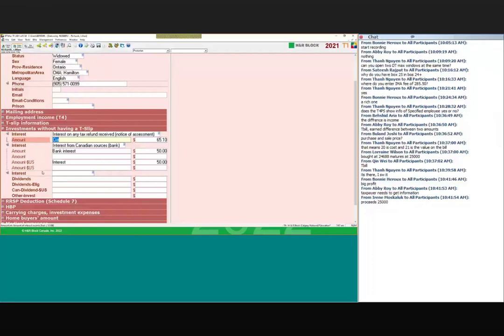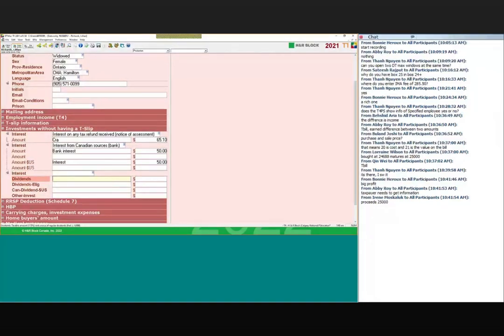What if you got dividends? So if you got dividends, Canadian dividends not supported by a slip, you would put it in here. And if you notice the little message on the bottom, it says here, enter the taxable amount of the dividend. So if it's non-eligible dividends, it's going to be grossed up by 115, but if it's regular dividends, it's going to be 138.